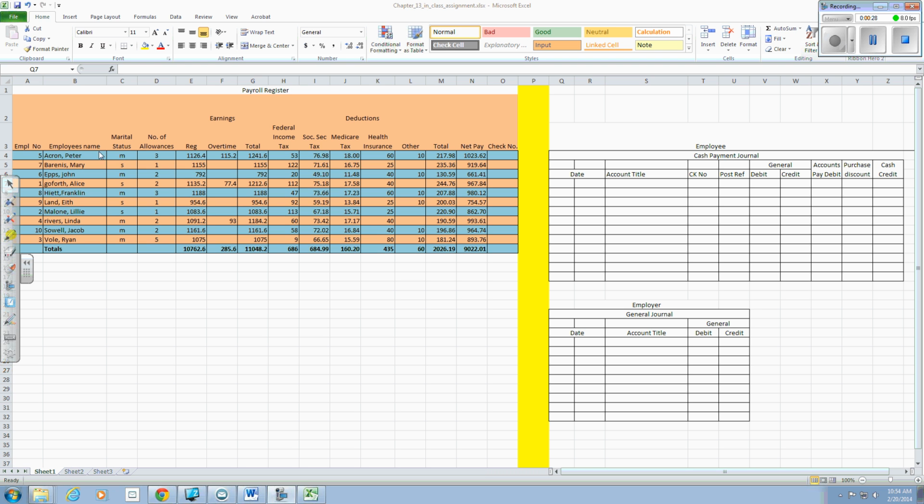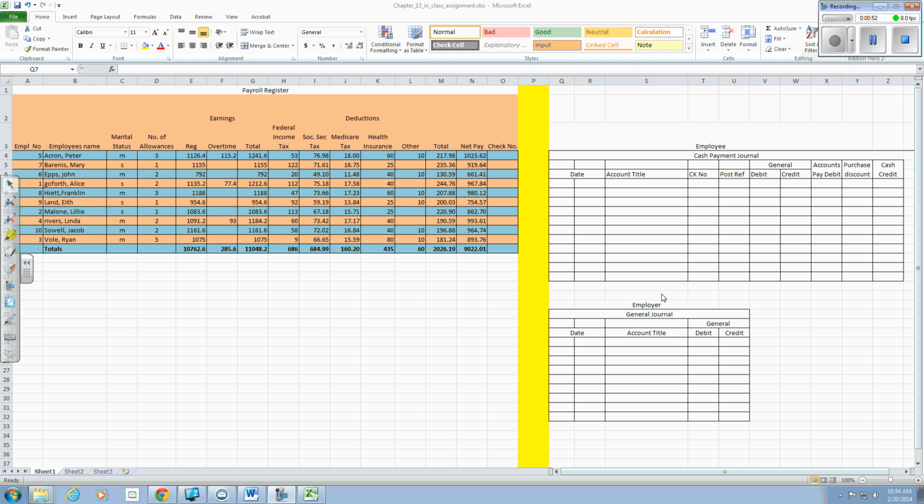We're going to take all the 10 employees, and remember what we told you from the mastery problem: you're going to have to total everything and make sure everything's completed for the mastery problem in chapter 12 before we can do 13. But what I want to do is show you how to record the employee payroll taxes and then the employer payroll taxes. When we talk about the employees, we pay the employees money, and we consider that to be salaries.